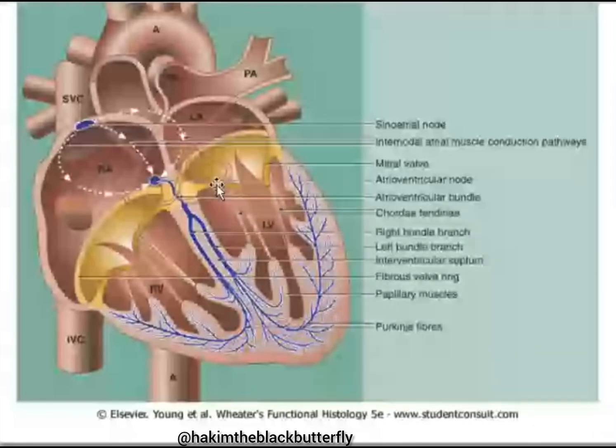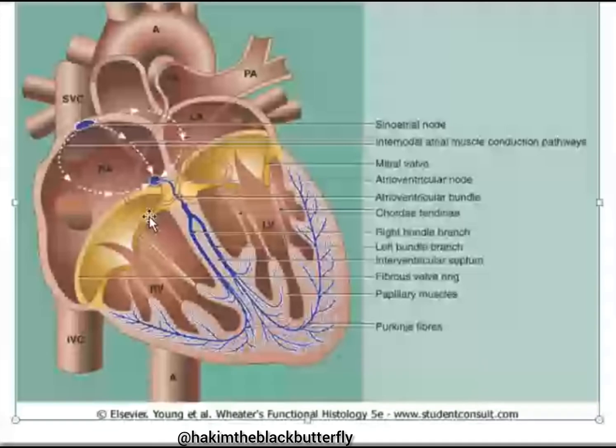These are the aortic valves through which blood passes from the left ventricle to the aorta, and these are the pulmonary valves through which blood passes from the right ventricle to the pulmonary trunk.